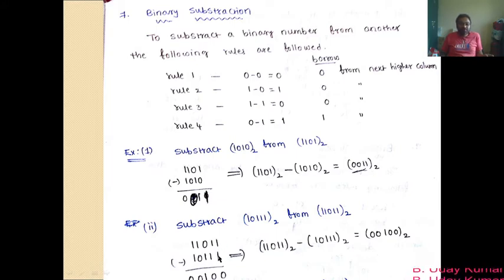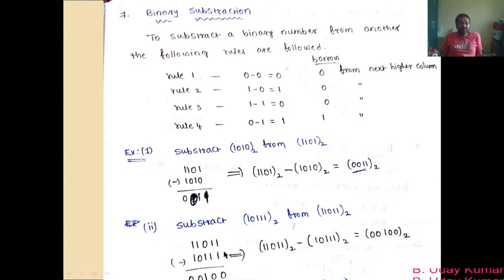Now you know that 1 minus 1 is 0, because the third rule shows that 1 minus 1 is 0 by borrowing nothing from the next higher order column. So 1 minus 1 is 0, no problem, and 1 minus 1 is also 0, no problem. Here 0 minus 1 is 1, and you have to borrow 1 from the higher order column. That means 10 minus 1 is 1.